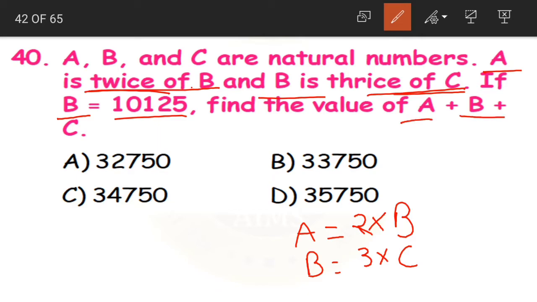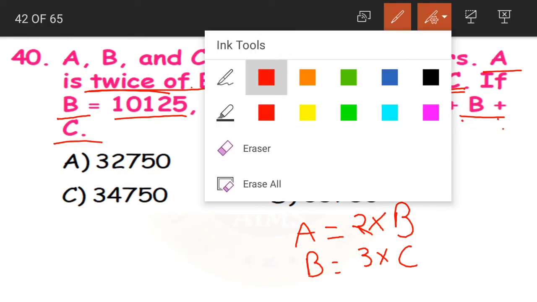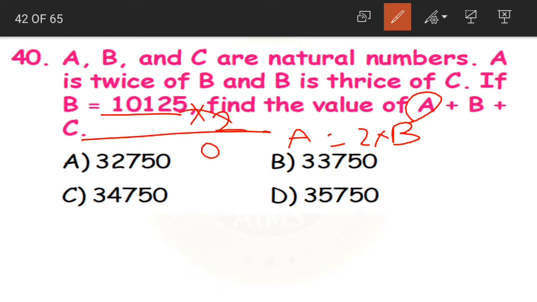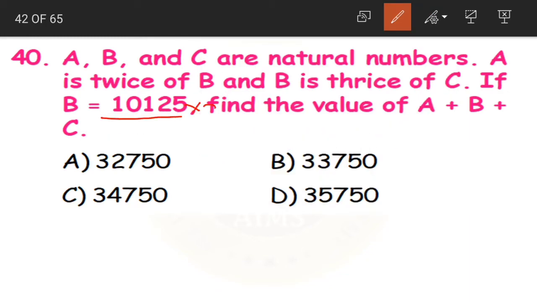The value of A plus B plus C. Now first let us find out the value of A. A is equal to 2 into B. So let us multiply 10125 into 2. 2 5s are 10, 0, 1 carry, 2 2s are 4 plus 1 is 5, 2 1s are 2, 2 zeros are 0 and 2 1s are 2. This is the value of A. We got the value of B as well.